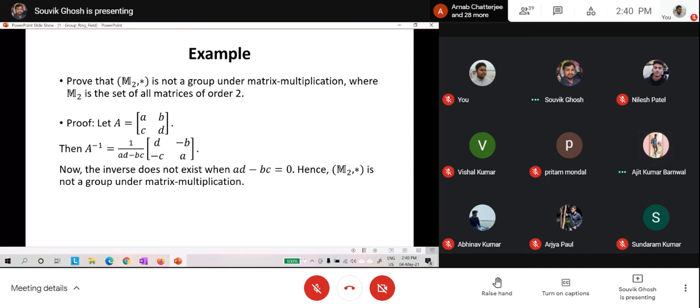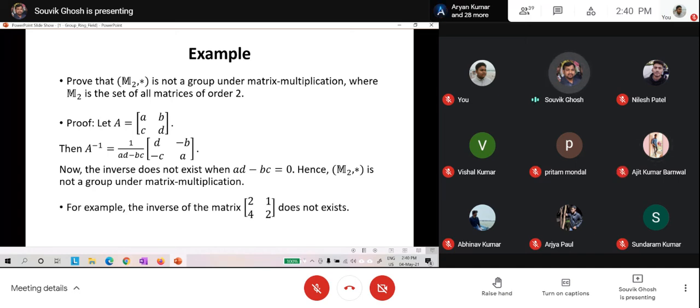For example, one matrix which doesn't have any inverse in this M2 star is 2142. You can assume any other matrix also and check. There are so many matrices whose inverse does not exist. For this matrix 2142 the inverse does not exist.